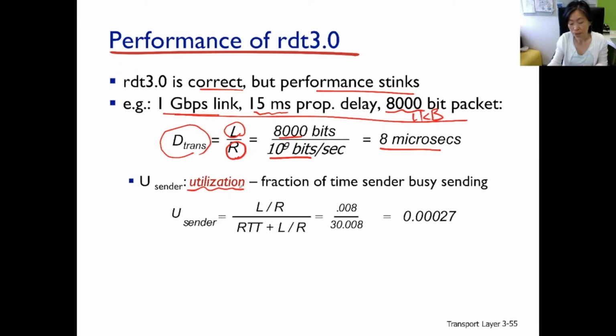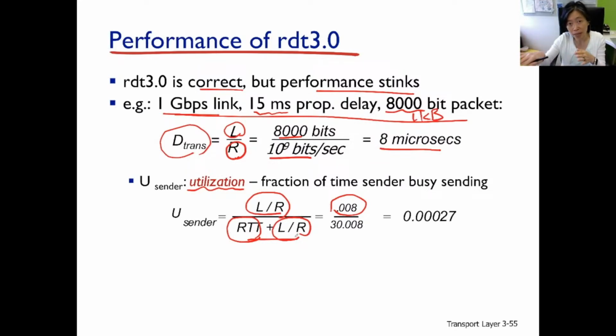And each cycle, it's using this much amount of time to transmit actual bits, and this amount of time, so plus the round trip wait entirely for the entire cycle. So this is 0.008 millisecond, and this part, sending the packet and then wait, one wait and another wait.